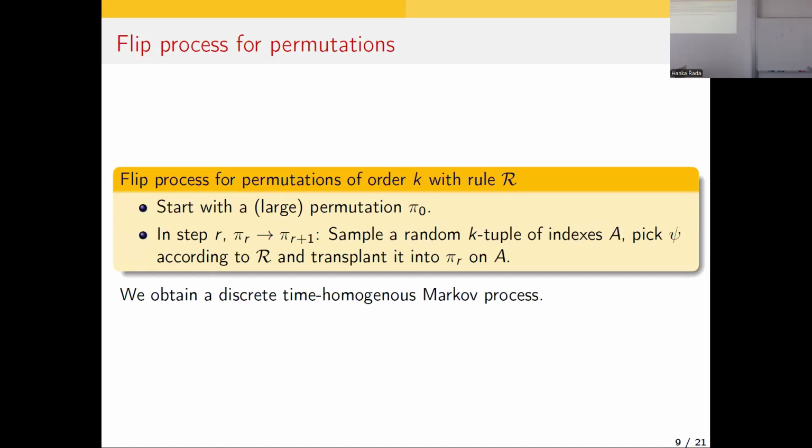And the process is this: you always start with a large permutation, and in every step you sample a k-tuple of indices, and then you pick the permutation to which these 3 points are changed and transplant it into the original one on the given indices. And this is a discrete-time homogeneous Markov process.